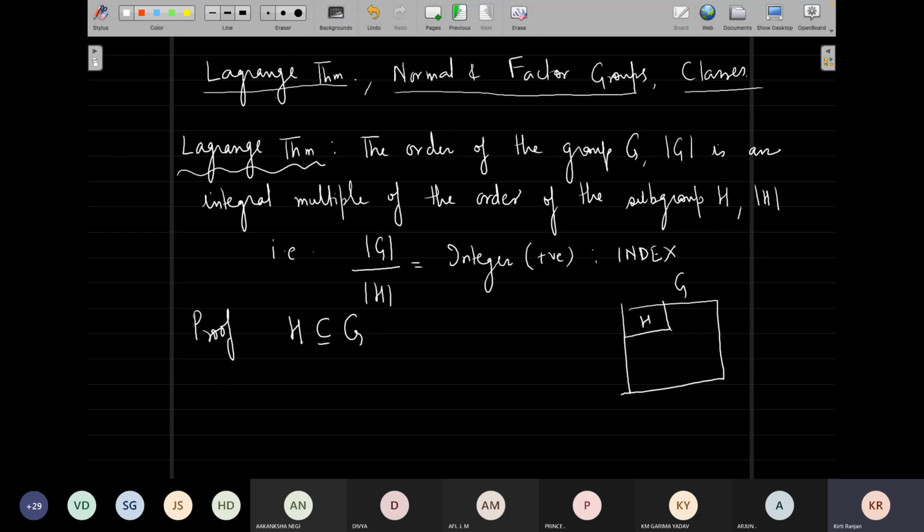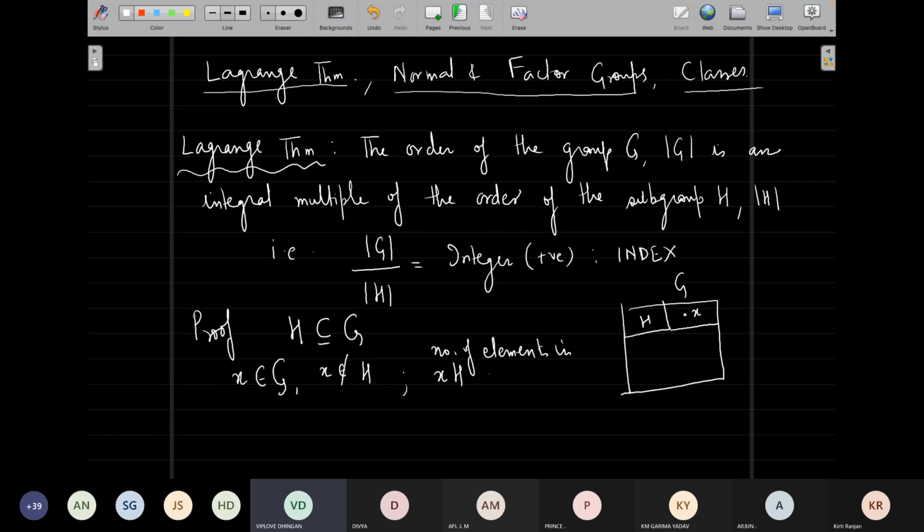Now think about any element x which lies outside my subgroup, x does not belong to H. Can somebody tell me what will be the number of elements in xH?